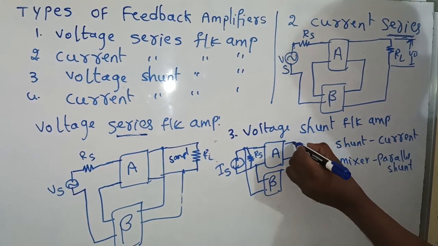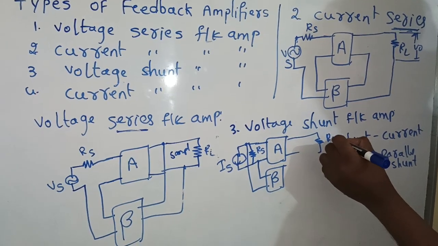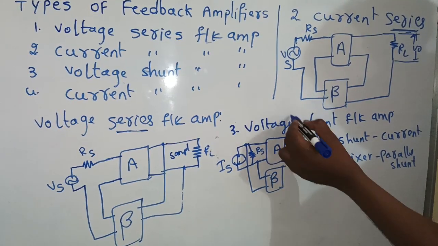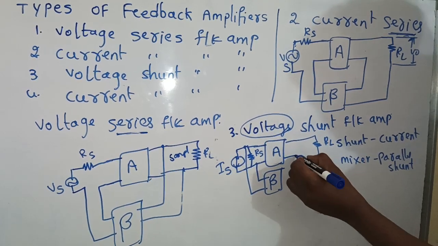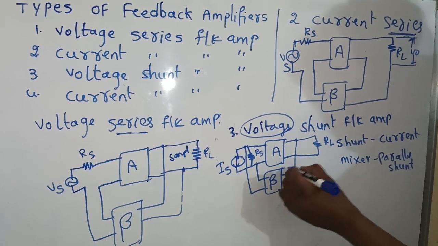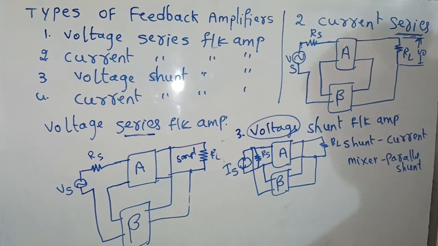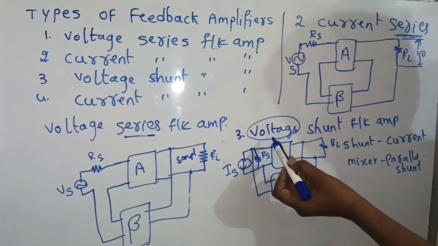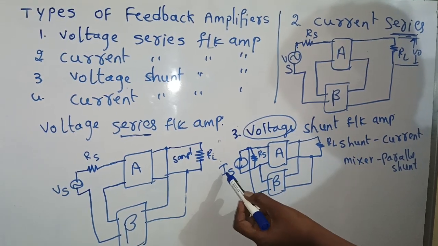Similarly, at the output side we have a load, resistance RL. Across the load we are taking the output, and again this is a voltage amplifier, that is why the sample is parallel, same as the first one. Again I am saying that for the shunt feedback amplifiers, the source must be a current source.